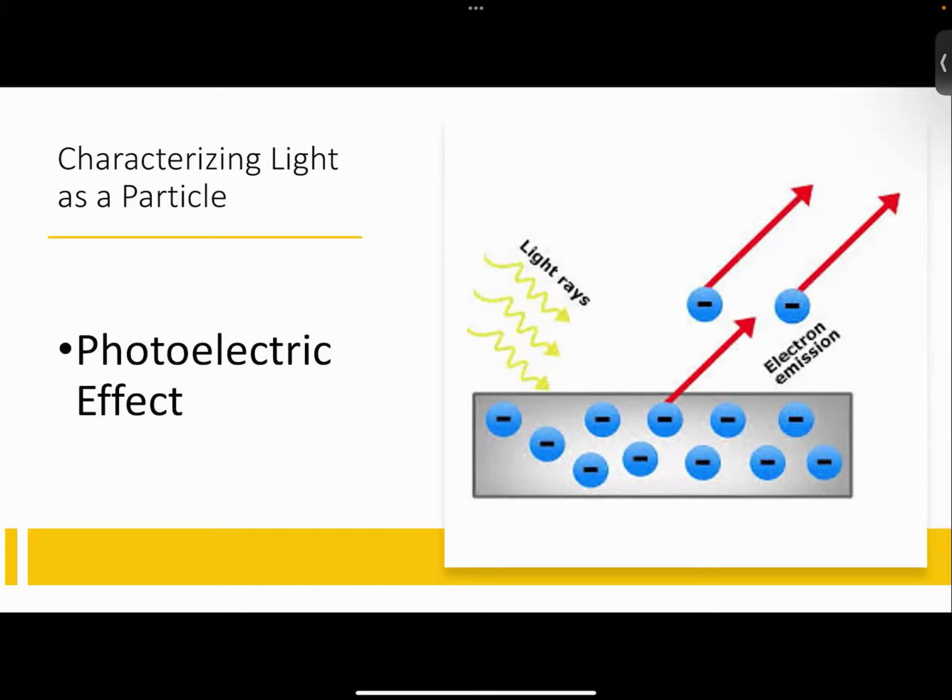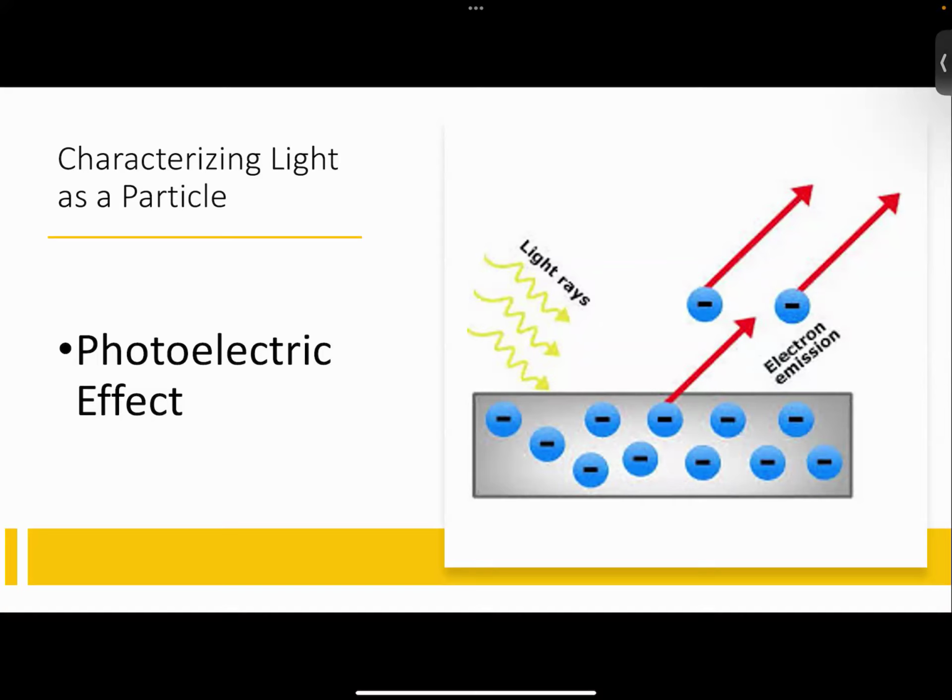The only way we can think about this is that these have to be particles. It's kind of like moving a boulder. You can't just hit it with a certain amount of energy and keep hitting it with that energy and expect it to eventually move.